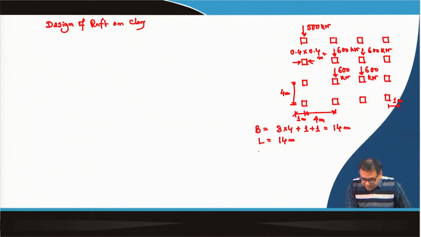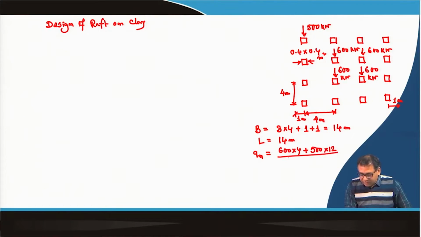And for the first trial, now we will go for the net stress that is acting on the raft. The total load is 600 into 4 columns, and 1, 2, 3, 4, 5, 6, 7, 8, 9, 10, 11, 12, 12 columns where the load is 500 kilonewton.